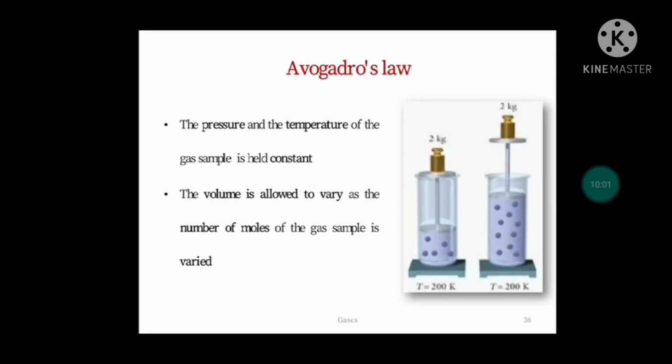Now moving to the next one, we have Avogadro's law. In this case, pressure and temperature, so P and T of the gas sample, are held constant. The volume is allowed to vary as the number of moles varies. So volume and small n, the number of moles, are going to change.